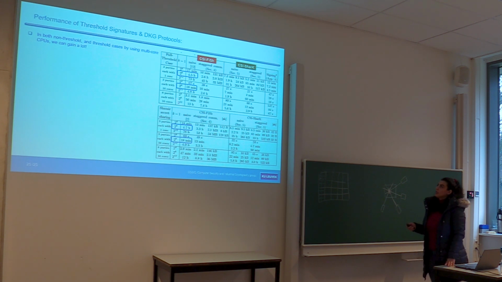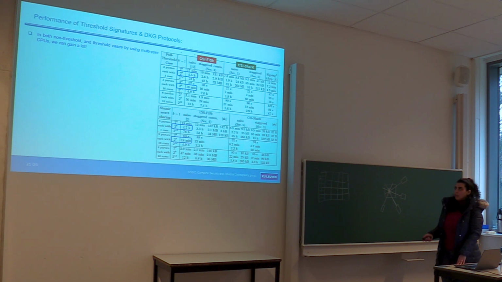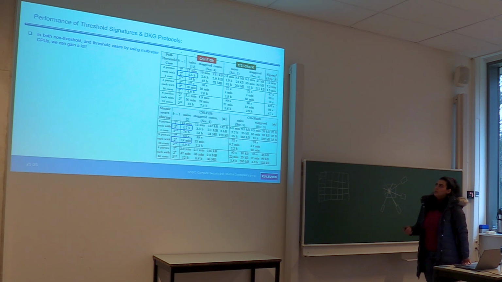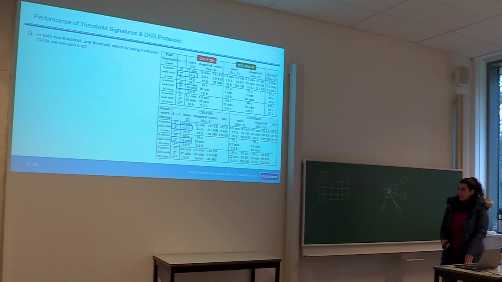For example, for 3 parties with 1 core, we have this one, but for 3 parties with 16 cores, we do better. Here we need 4.5 hours, but here in 18 minutes we can achieve this public key.